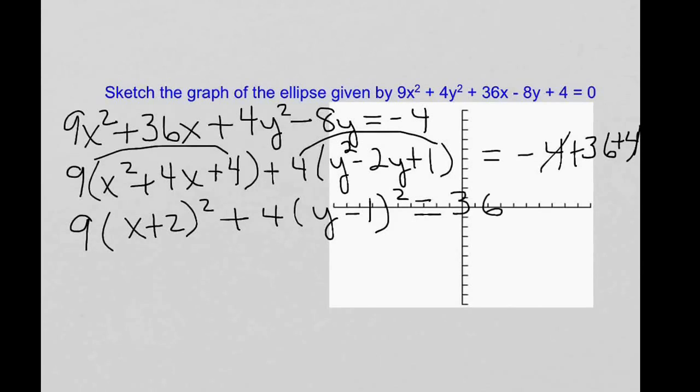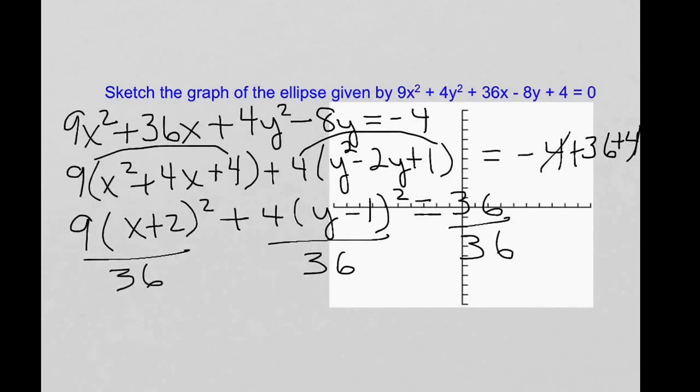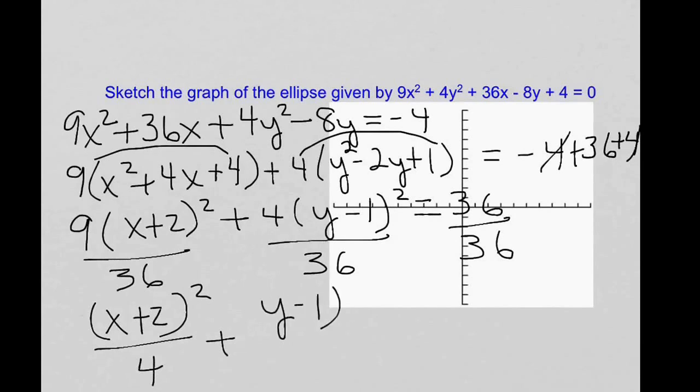To finish the equation, I need to divide everything by 36 because in our formula, the right-hand side is always 1. So I divide everything by 36. And that gives me the equation (x plus 2) squared over 4 plus (y minus 1) squared over 9 equals 1.